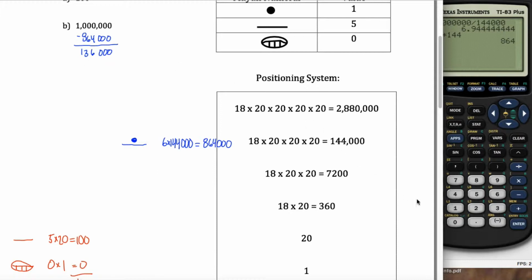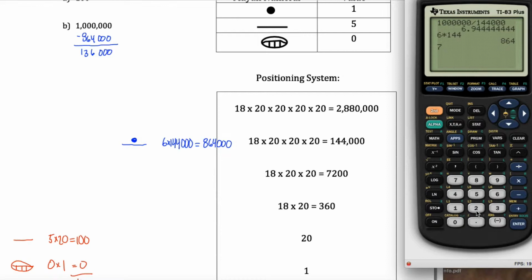So how am I going to write 136,000 in terms of 7200s? Well, let's see how many 7200s go into 136,000. Whoops, wrote that backwards. 136,000 divided by 7200. And I get 18 and change.